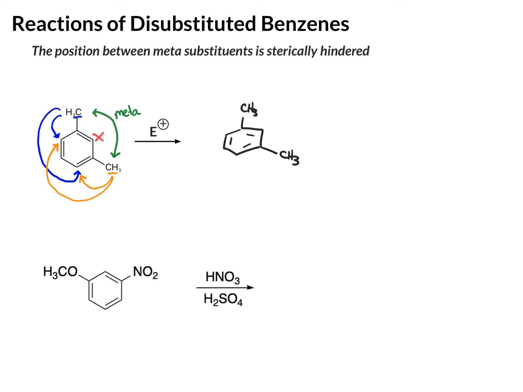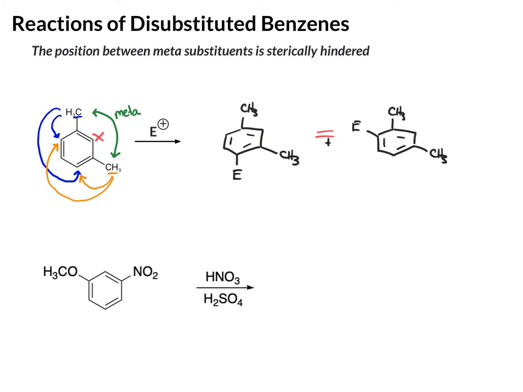So we would expect to get a product where the electrophile is here, and here. Now in this particular case, these two products end up being equal, of the same thing.